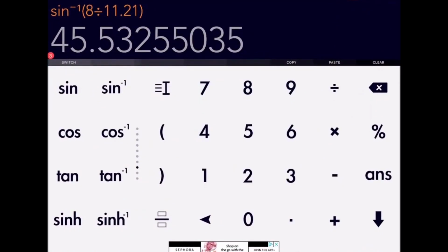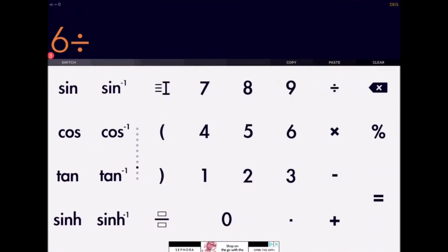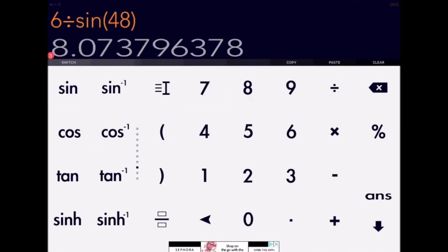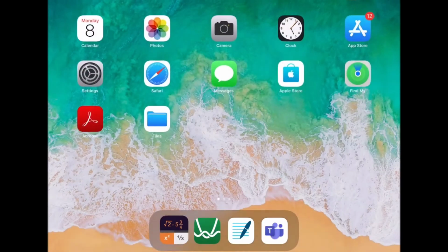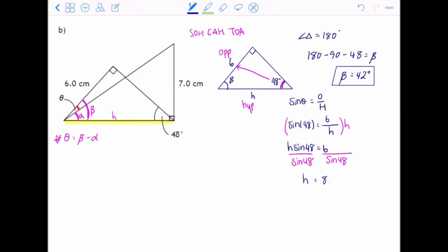So we get 8.07, and I'll just hold on to it. So we have found this value here equals 8.07.